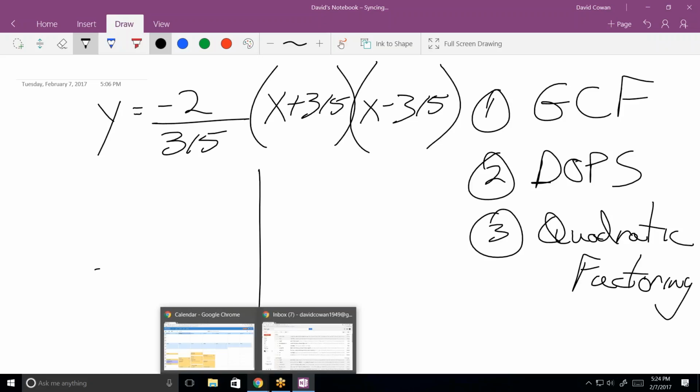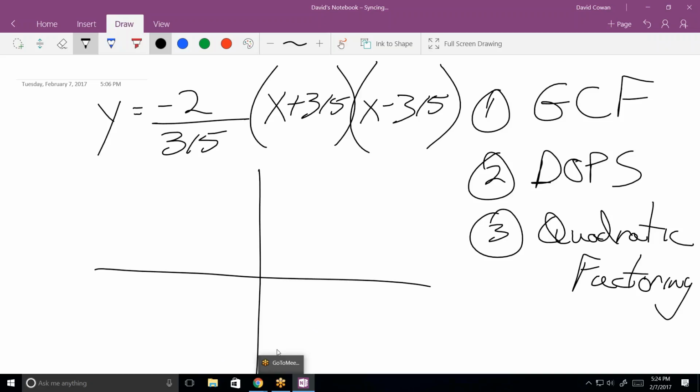And the width. What are my zeros? Find the zeros by setting y equal to 0 and solving the equation. So set that equal to 0, what do you get for x's?